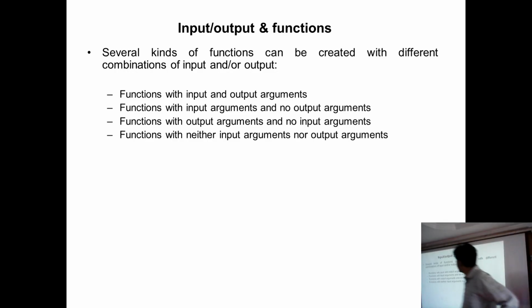Now look at the functions. As I discussed, functions with input and output arguments, functions with input and no output, functions with output and no input, functions with neither input nor output. Have I discussed this?